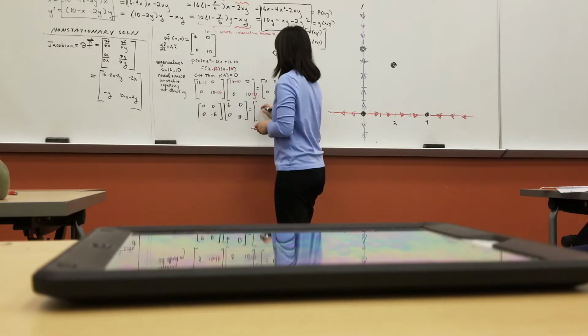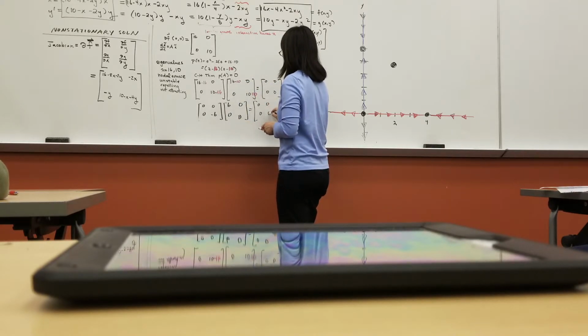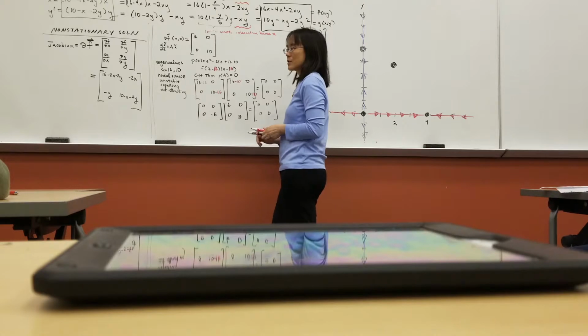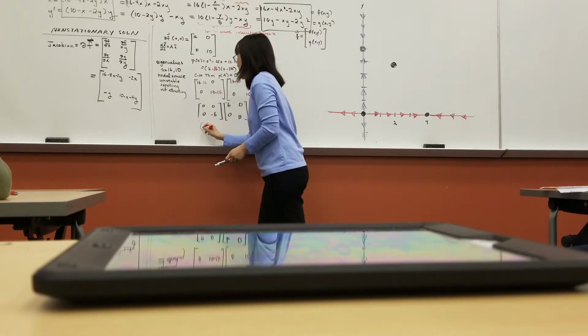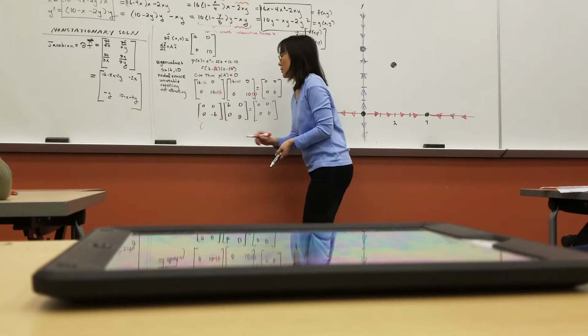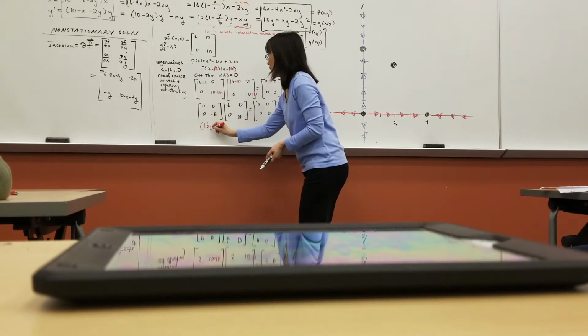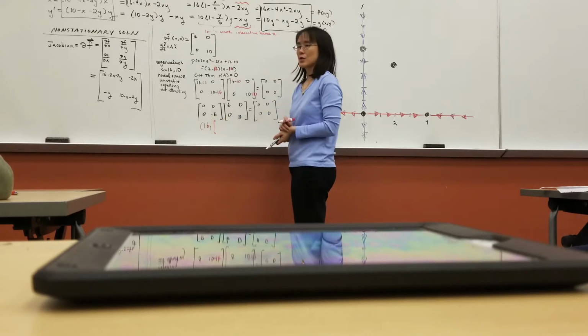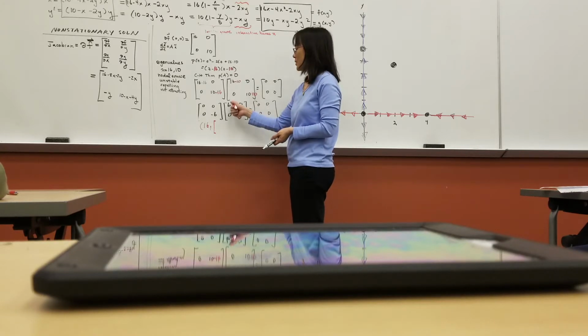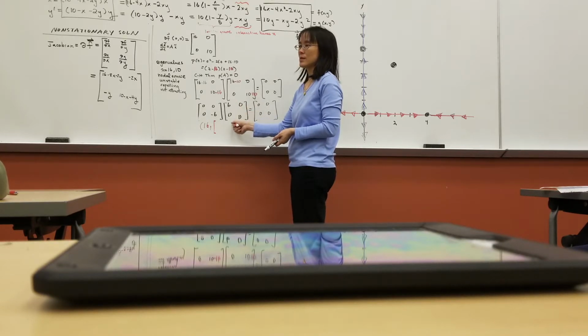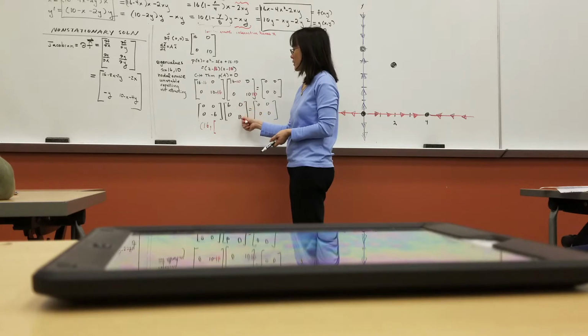Remember, an eigenvector by definition is not allowed to be 0. So on this side, what is an eigenvalue? 16. And what is a good corresponding eigenvector? 1, 0, right, because it's 6, 0. You cannot have 0, 0.